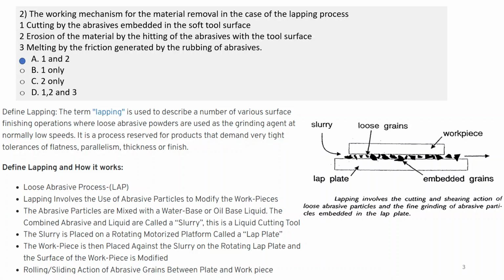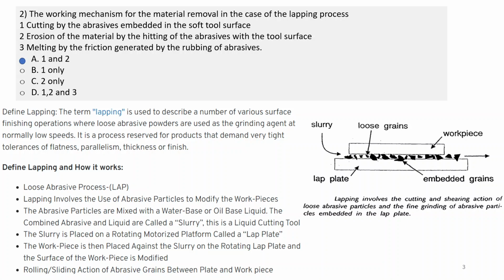And how does lapping work? Lapping is the short form of the loose abrasive process. Lapping involves the use of abrasive particles to modify the workpieces, and the abrasive particles are mixed with the water based or oil based liquid, and this combines abrasive and liquid, which are called a slurry, and this is a liquid cutting tool.